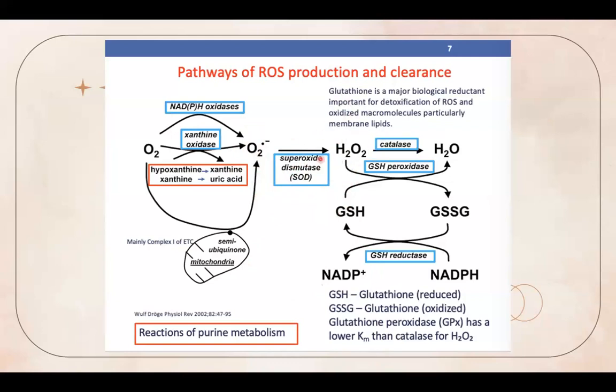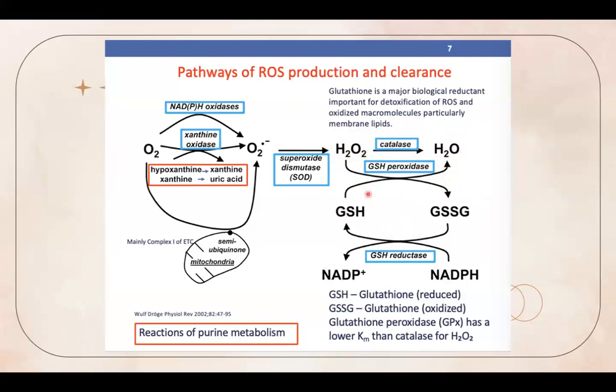Once it converts it into H2O2, now H2O2 can easily be converted into water, because H2O2 itself is still very toxic. It's very damaging. We have to further neutralize it. It's much easier to convert H2O2 into water through an enzyme called catalase. Catalase takes the H2O2, removes a molecule of oxygen, and makes it water, H2O.